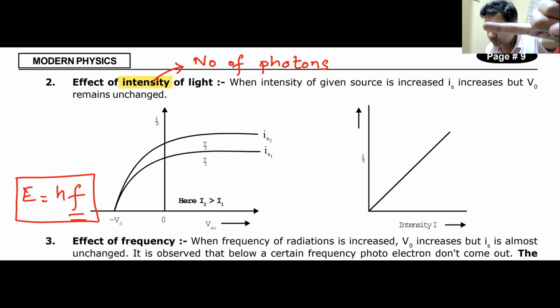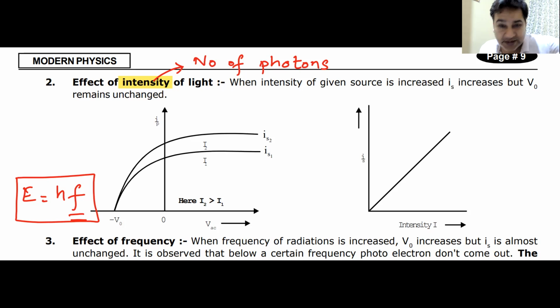You can see the screen, no? Or do you only see my stupid face? Right in front of your eyes? Yes, sir. What do I change by changing the number of photons? Intensity. What do I change by changing the frequency? Energy. That's it.